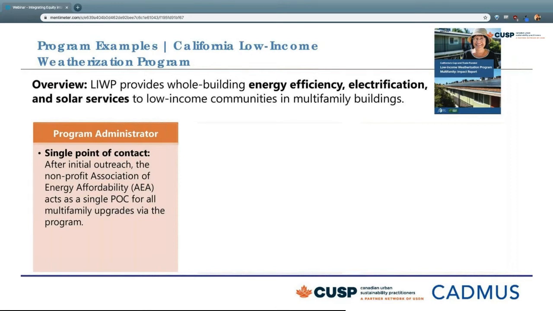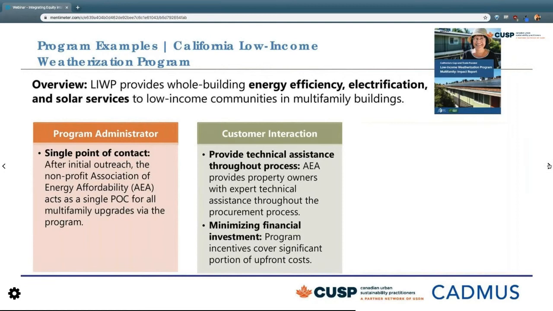And on the next slide, in terms of the customer interaction, again, AEA was providing technical assistance throughout the process to the property owners. So they worked very closely with the property owners in helping them understand what the specific packages were that were most valuable for their buildings and how they could deliver and install those as well.